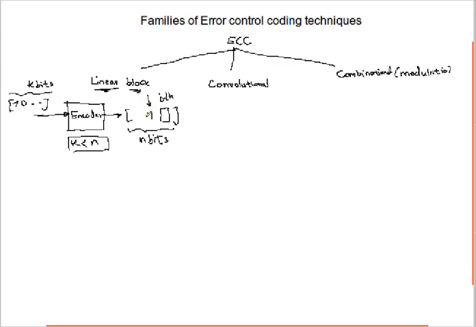Here you also have your encoder. You put k bits in, so it's the same, and you can obtain, for example, n bits in output. But what is the difference? Imagine that you interact with your k bits and you obtain your n bits in output.